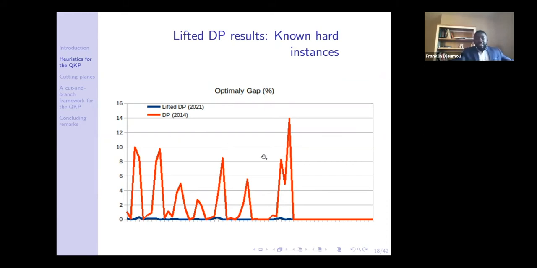We can see that the red line is the optimality gap that was obtained with the previous dynamic programming algorithm. But with the new dynamic programming algorithm, we have a nearly zero gap for all those instances. This is about 800 instances for which we have nearly a zero gap. So this is a major, major step forward for addressing these challenging instances.